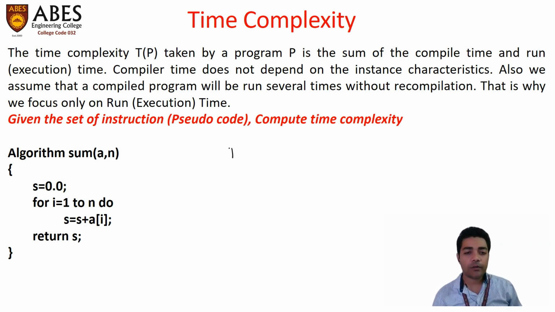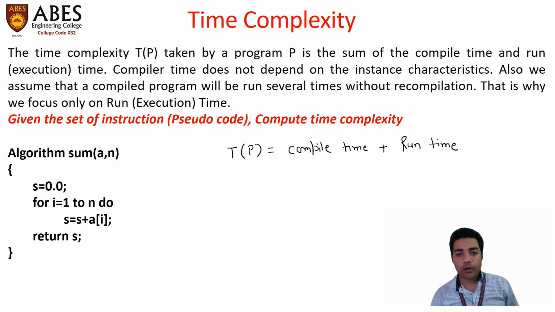So the time complexity of an algorithm or a program is basically the compile time it takes to compile that program added with the runtime. But we are not very much interested in the compile time, or we are not very much bothered to calculate the compile time. Why is it so?